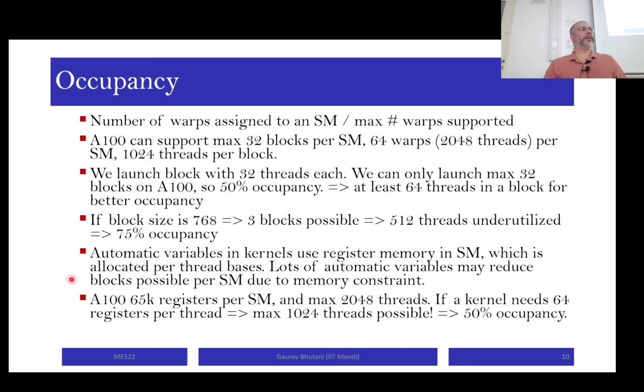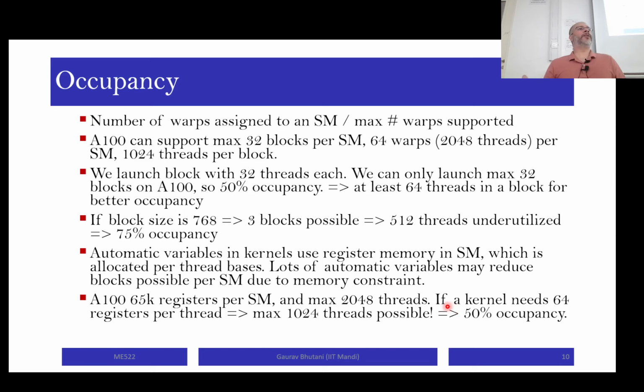But there is a limit because the memory is fixed. For example, in A100 you have around 65,000 registers per streaming multiprocessor, and you already know that you can have a total of 2048 threads.